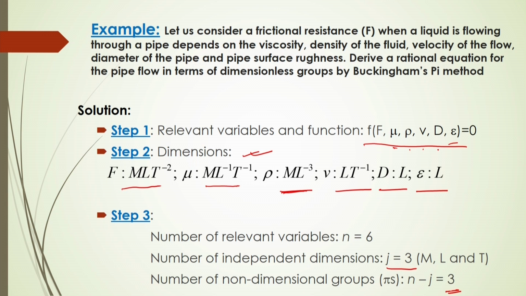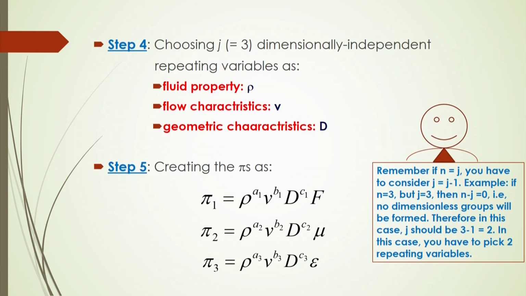So we can expect to have only 3 dimensionless groups based on these 6 variables of this physical process.